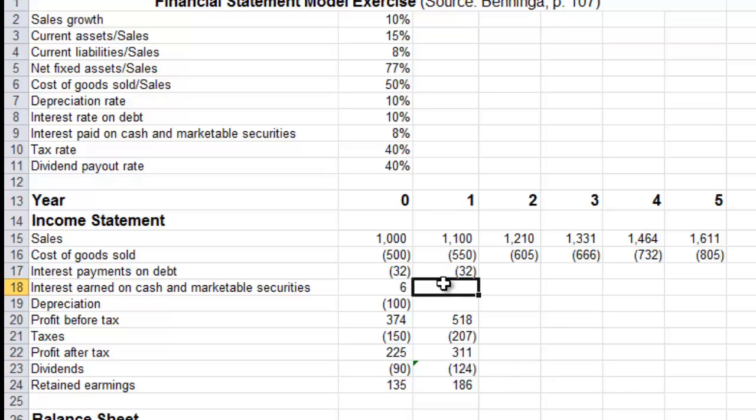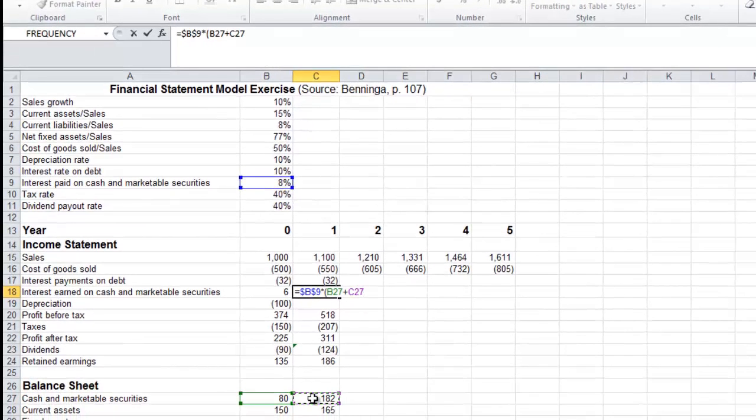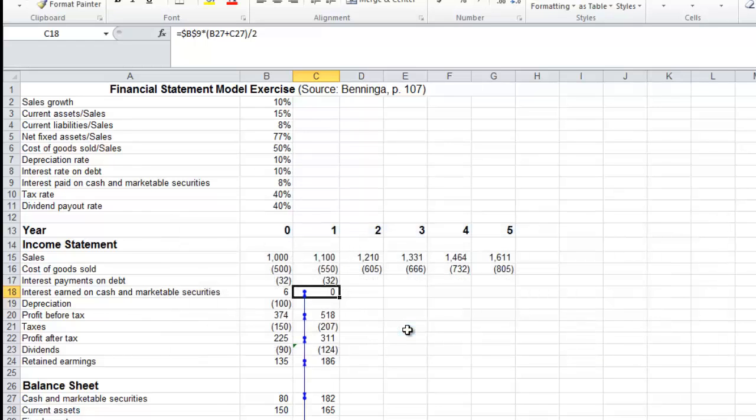So if we put in the interest on cash and marketable securities, that's the rate from the assumptions times the average of the previous period securities plus the current period securities divided by 2. That gives you a circular reference warning, and it tells you where that is.